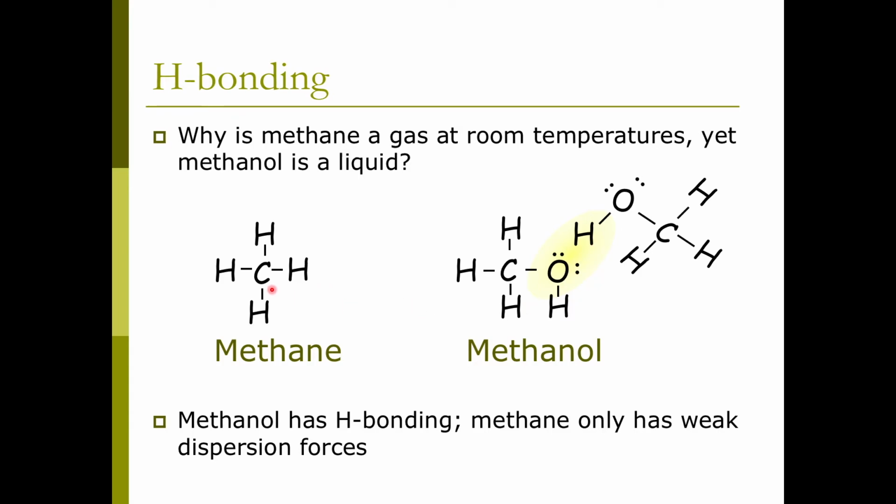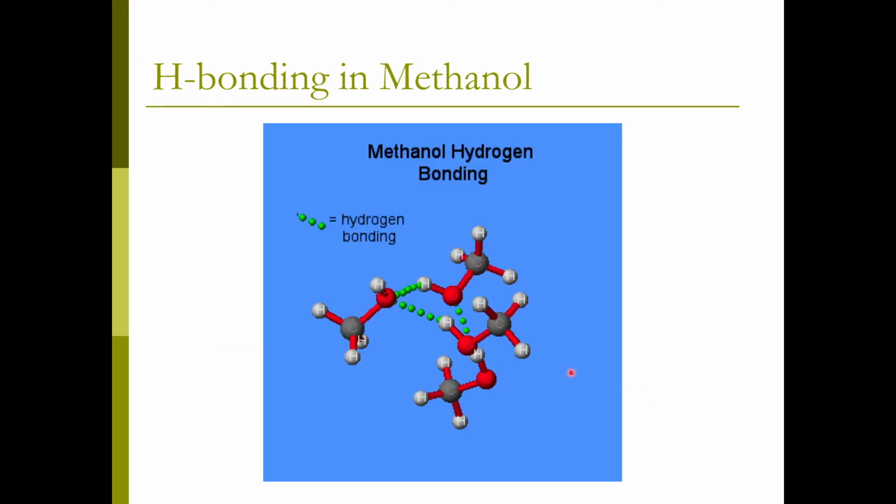However, methane will not. It does not have a very electronegative atom. It doesn't have fluorine, oxygen, or nitrogen. So methanol is hydrogen bonding, while methane only has very weak London dispersion force. So methanol will actually hydrogen bond twice with two other methanol molecules, and so that's why it is a liquid at room temperature, and why methane is a gas.